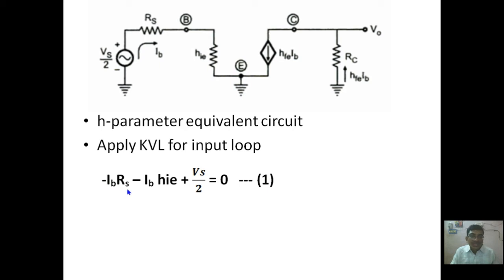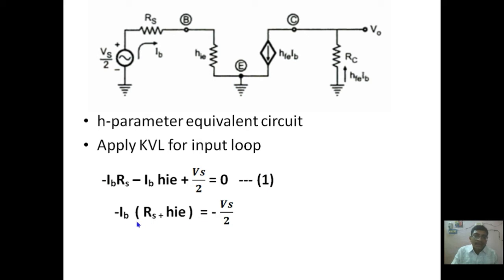In this equation, these two terms contain IB, so we can take IB as common. So minus IB into Rs plus HIE is equal to, if you take Vs by 2 to the right hand side, minus Vs by 2. The minus on the left hand side and the minus on the right hand side cancel.